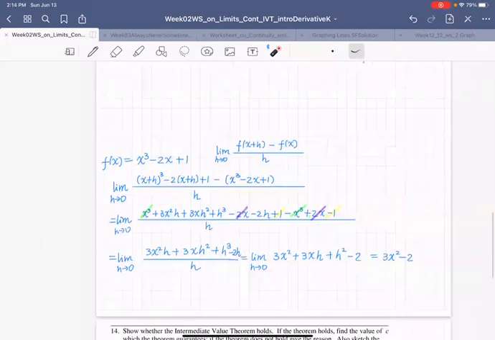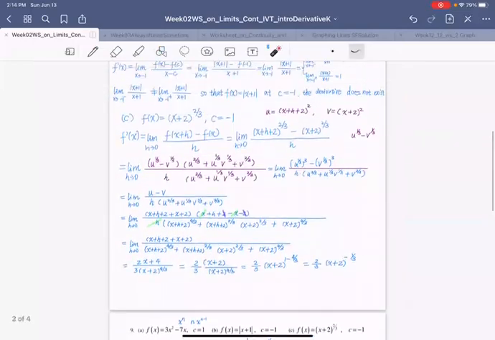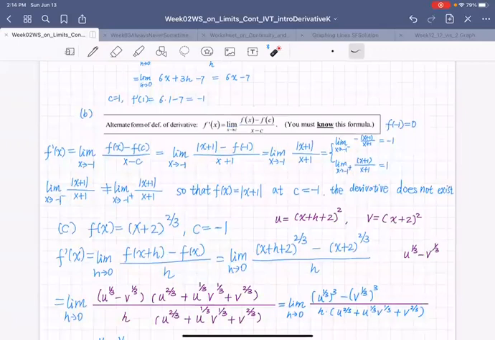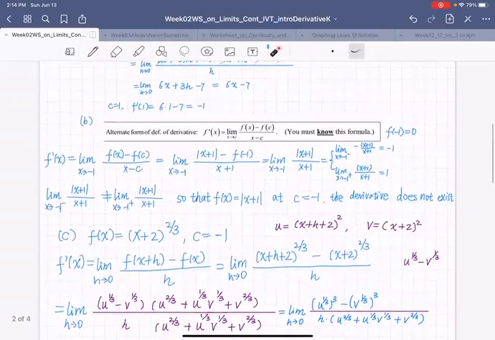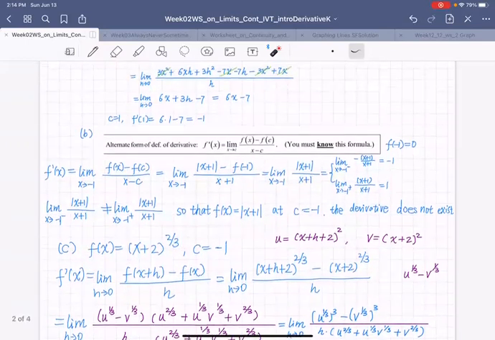Very nice. Next, we are working on the hard question. Let's look at this. The question is asking you to use the definition of derivative to find this guy's derivative. Before I show my answer, you can give a try.